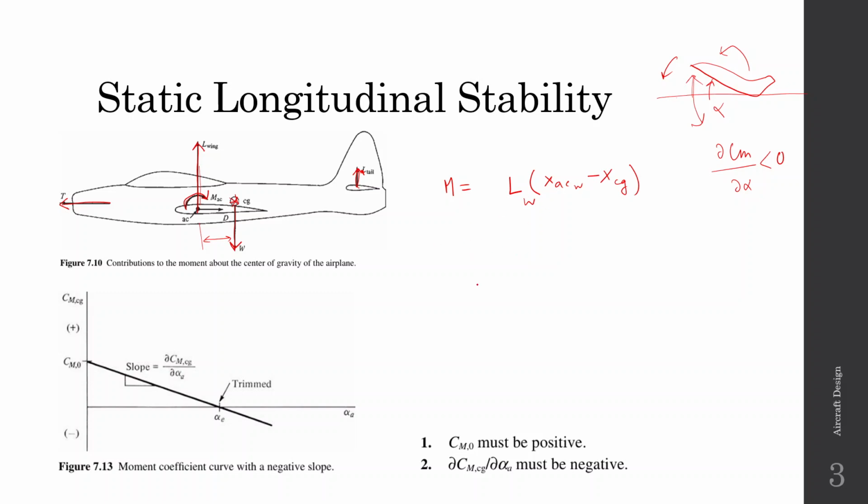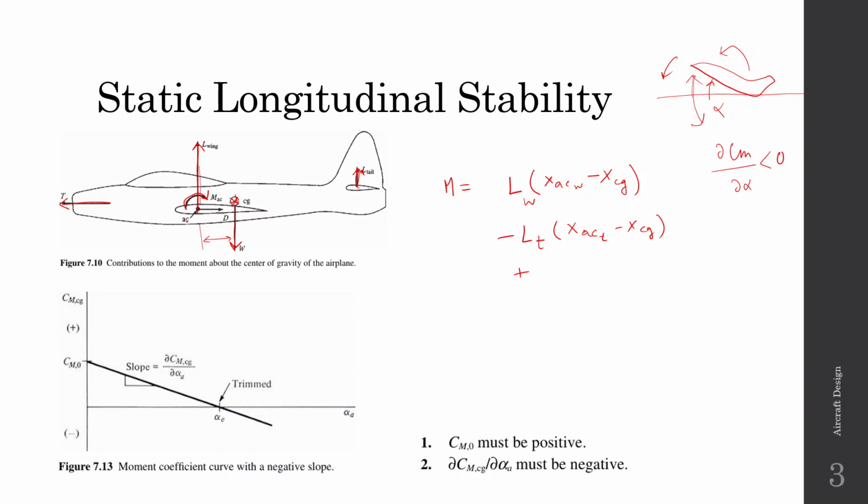Okay, so this is the moment due to the wing. Then you have the moment due to the tail, which is minus LT, plus you have the moment caused by the wing.